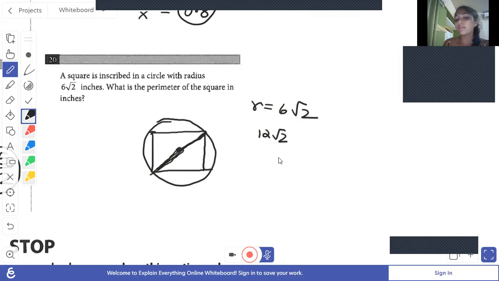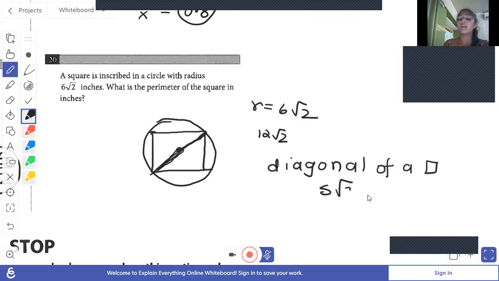And you should keep this in mind, that the diagonal of a square is always s√2, where s is the length of the side of the square. So if the diagonal of this square is 12√2, then the length of the side of the square is 12 inches.